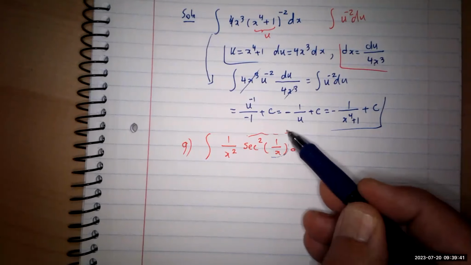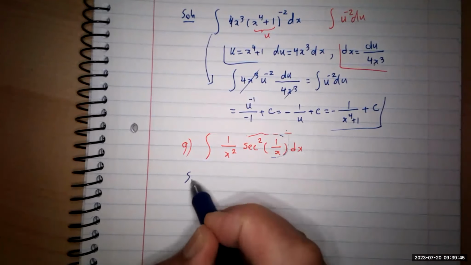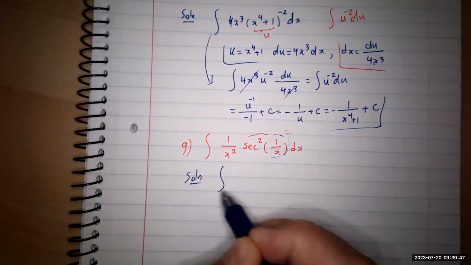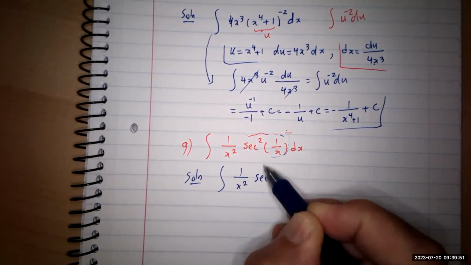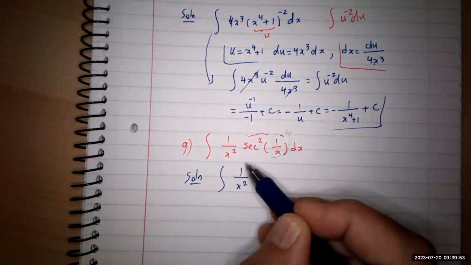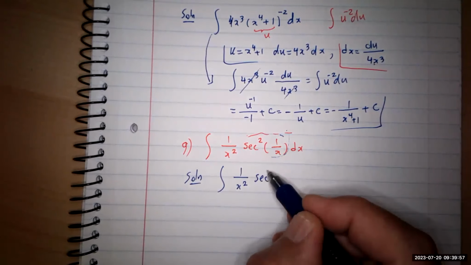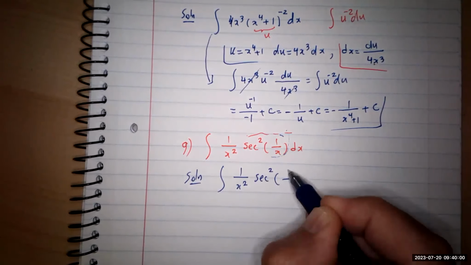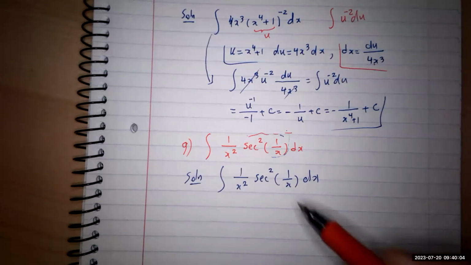Let me rewrite it to explain it. This is going to be 1 over x squared. It can give you sine of 1 over x, cosine of 1 over x, in future tangent. So this is a situation you're going to have. That's our type 3. So we take this one to be u.